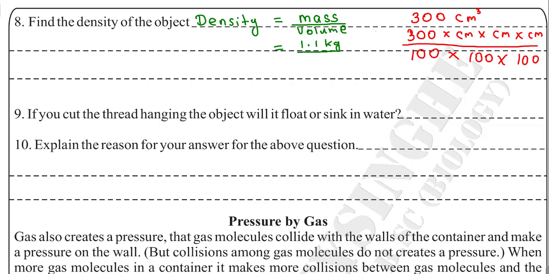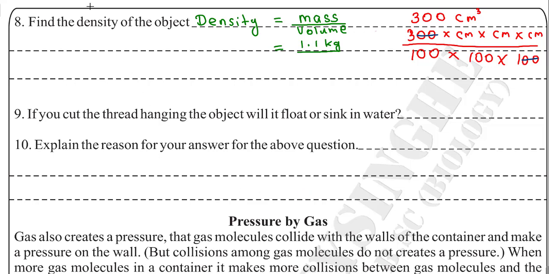And after simplifying, children, this 2 we cancel with this one. Then 1 goes to 1 decimal point, and another 1, 2, 3.